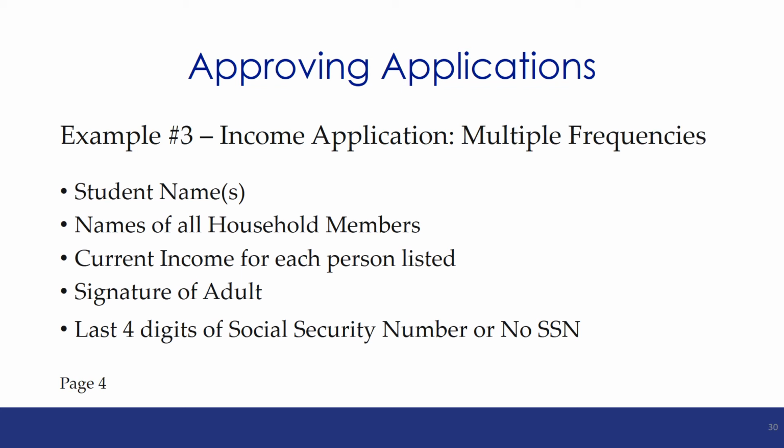In example number 3 on page 4, we have an income application in which multiple frequencies of pay have been reported. The information listed on this slide is required to be completed on the application before it can be approved.